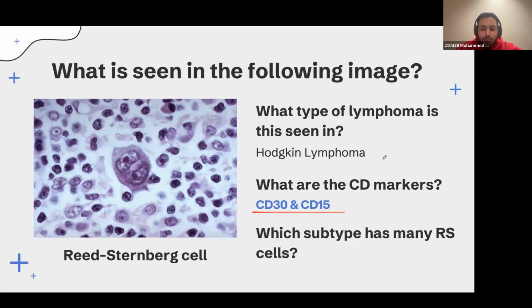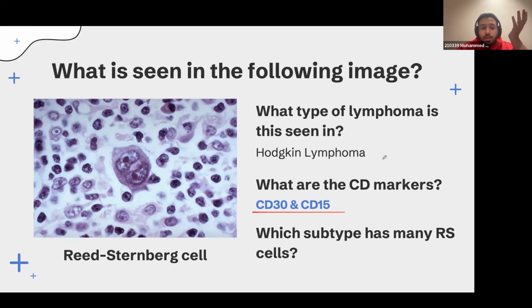Now, which subtype has many Reed-Sternberg cells and the worst prognosis? Perfect. Lymphocyte depleted. Now, there are 4 types of the typical or classical Hodgkin lymphomas: nodular sclerosis, mixed cellularity, lymphocyte predominant, and lymphocyte depleted.